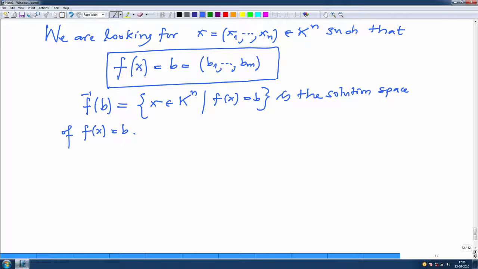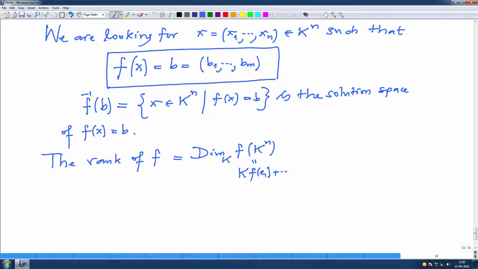Now I want to compute the rank of this linear map F. The rank of F is the dimension of the image space f of k power n. But the image space is generated by k f of E1 plus up to k f of En, and f of E1 we have called Y1.